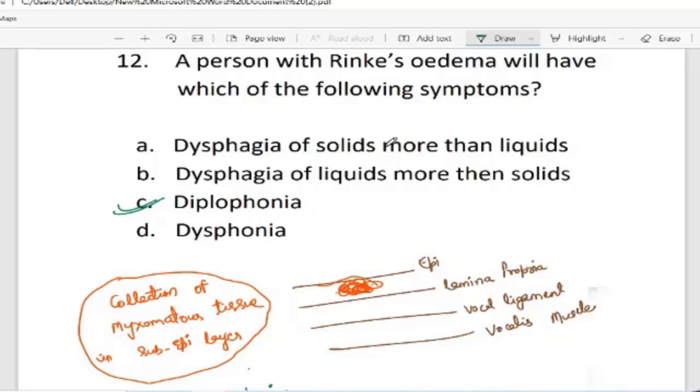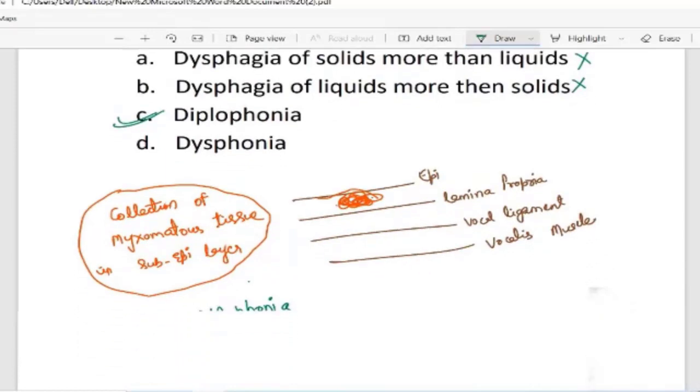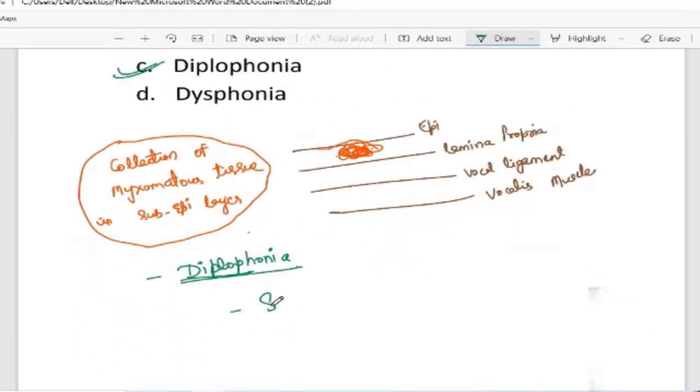Since it's a disease of the vocal cord, there will be no dysphagia in Rinke's edema. Secondly, there is diplophonia, which is a characteristic feature of Rinke's edema. And it is mainly present in smokers and in patients with laryngopharyngeal reflux, where there is a lot of gastric reflux.